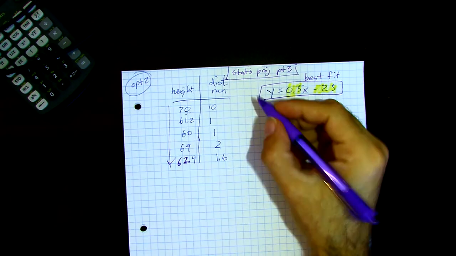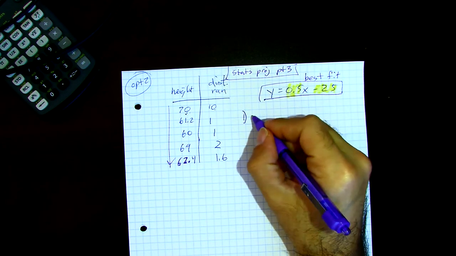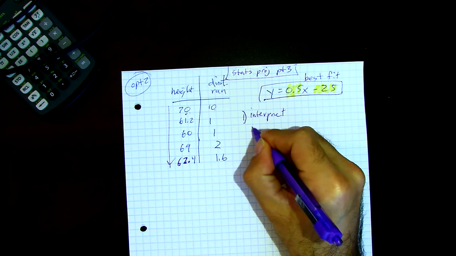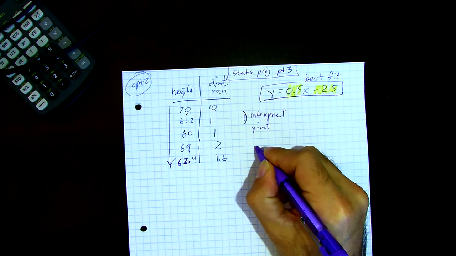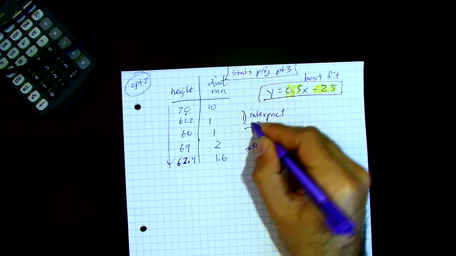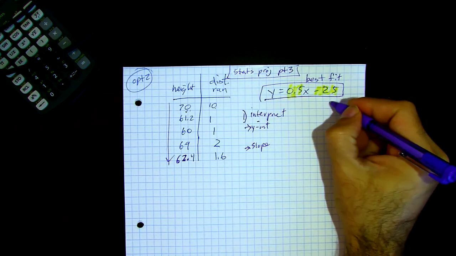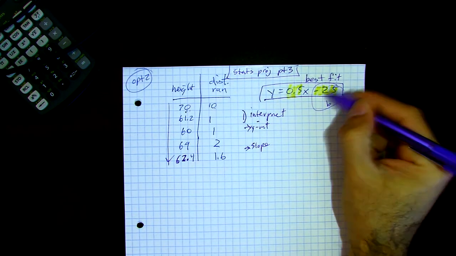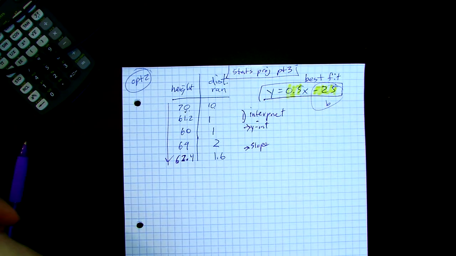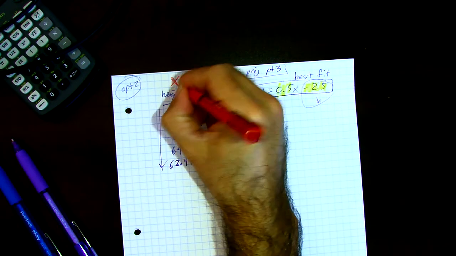So there's going to be situations like in this case where we have to interpret, and we're going to interpret the y-intercept and the slope, okay? So this is how we're going to be doing each part of this. All right. Now I look at the y-intercept, that's over here, and the y-intercept's negative 25. Remember, we're talking about height, which is going to be an x.